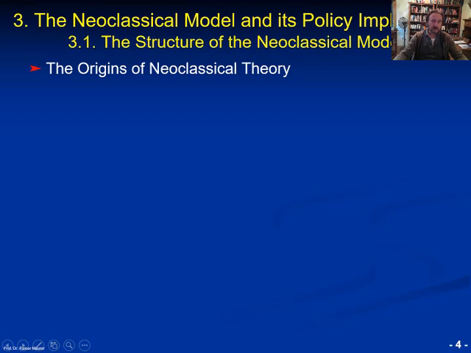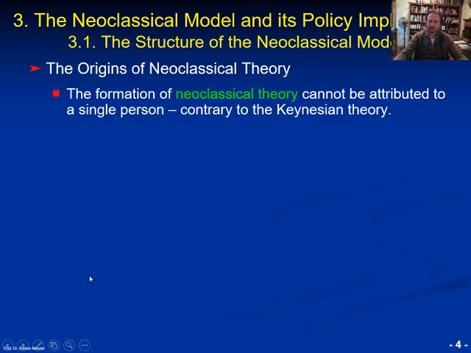The history of neoclassical theory reaches back to the beginnings of economics as an independent science. The formation of neoclassical theory cannot be attributed to a single person, like the Keynesian theory, which has been developed by John Maynard Keynes, as we will see in chapter 4.